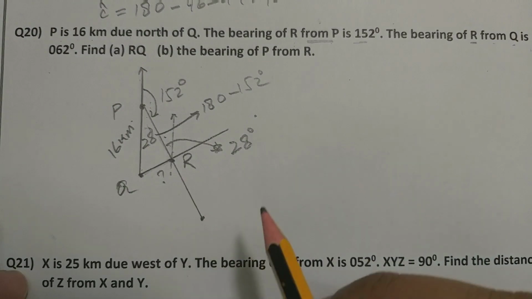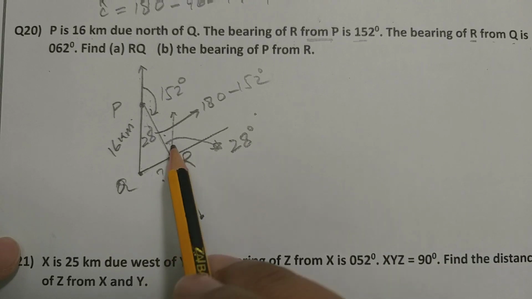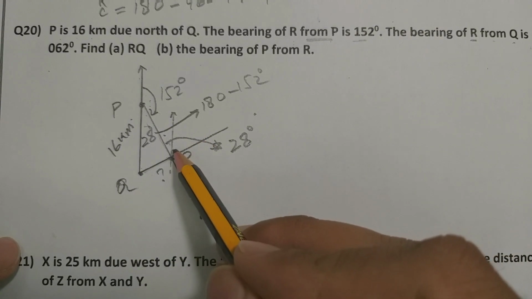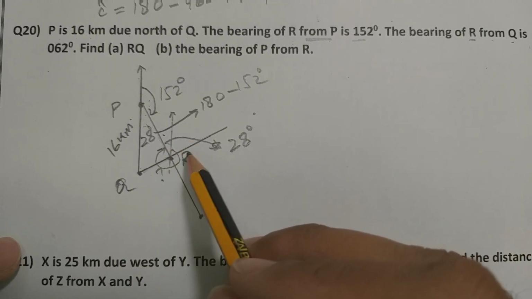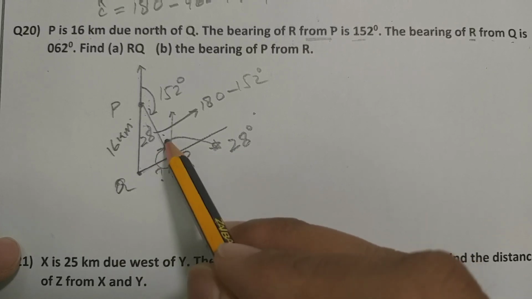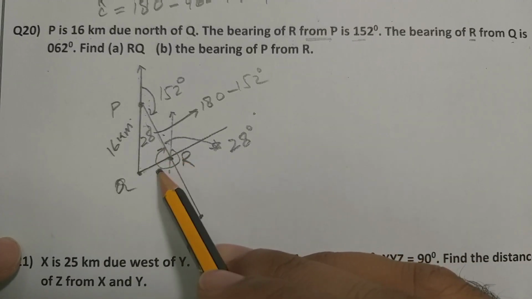Now we know that the complete angle from the north, how much is it? 360 around a circle. We have 28, so we can find this complete angle.